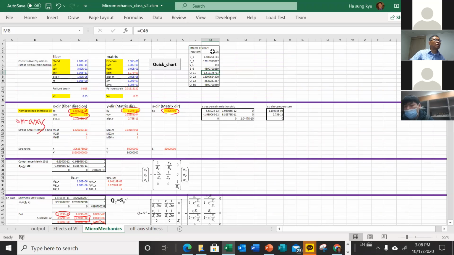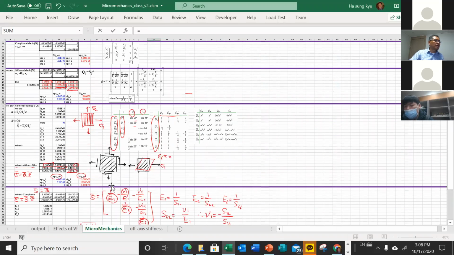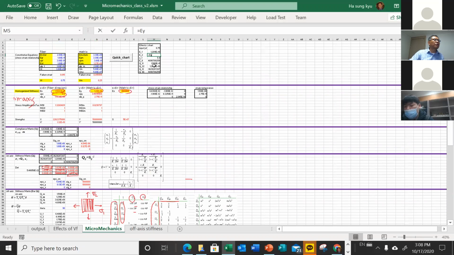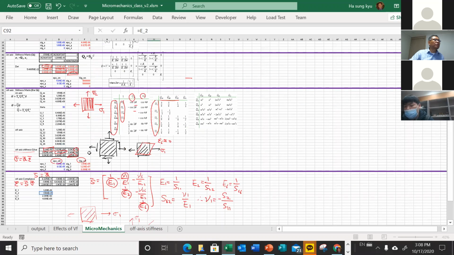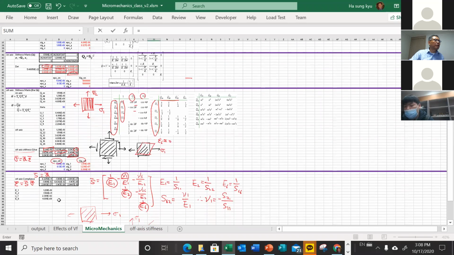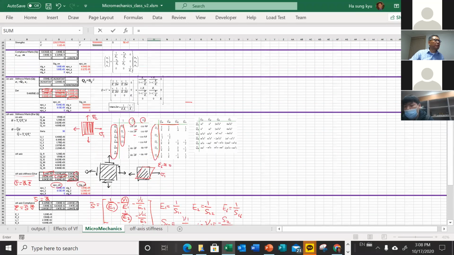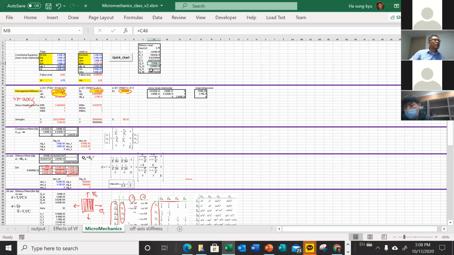Okay, so this one is taken from here. This will be the output, by the way, this quick chart. And E1 is taken from this value. And this Poisson's ratio is from here. And shear modulus will be here. Let's forget the other terms, okay?